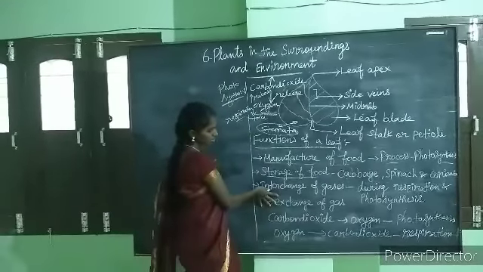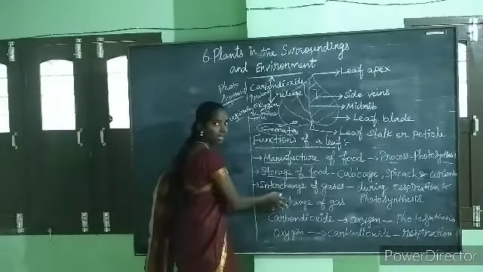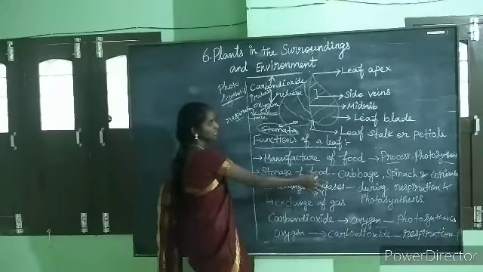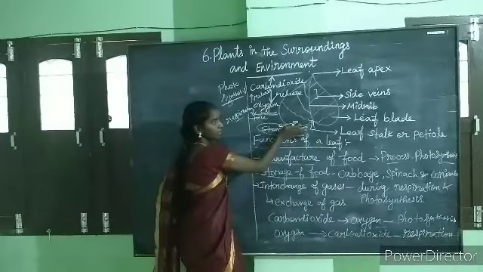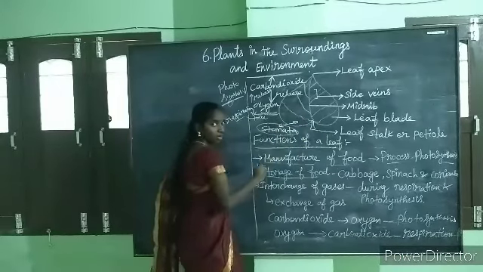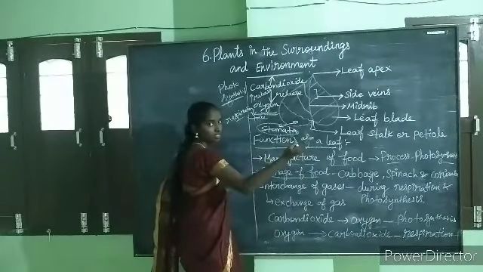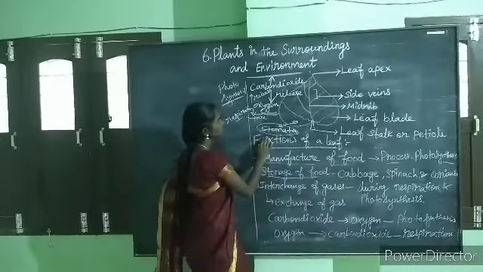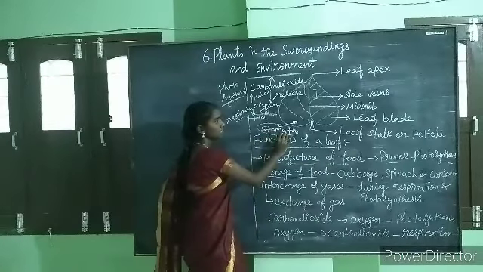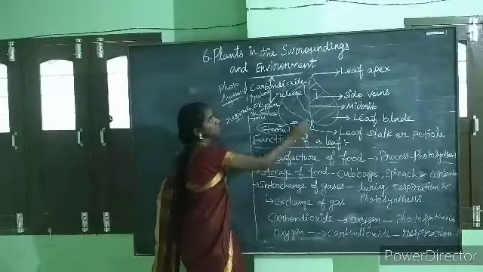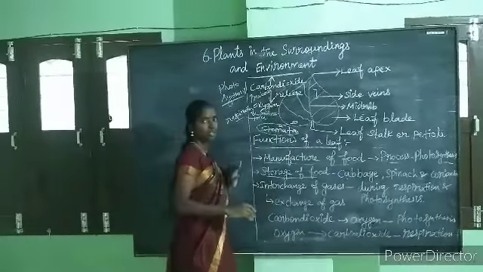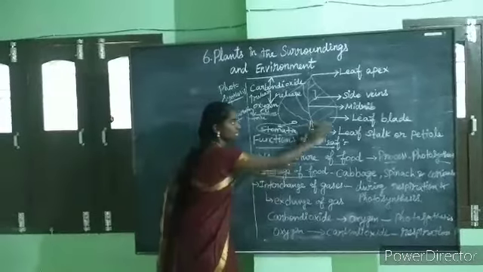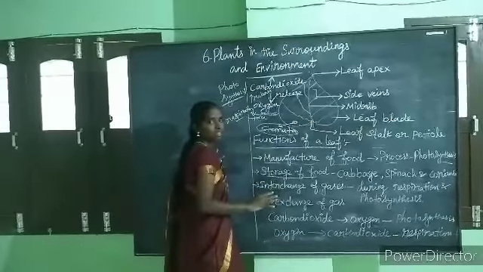During photosynthesis, the stomata will help the plant to take in the carbon dioxide and release the oxygen, and during respiration the stomata will help the plant to take in the oxygen and release the carbon dioxide. Okay children, this is the function of a leaf. Clear?